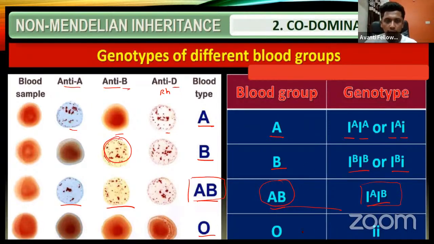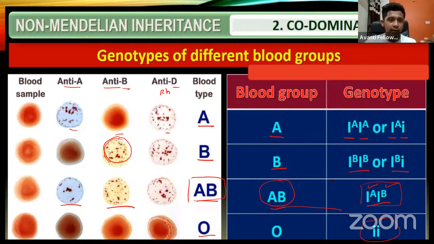So let us talk about O blood group. The O blood group can be expressed only when two recessive alleles are together, that is, small i and small i, so that the O blood group is expressed in an individual. Now, because of the presence of IA and IB alleles in an AB person, when you look at the red blood cells, we find that both A antigen as well as B antigen are equally expressed on the plasma membrane of the red blood cells.